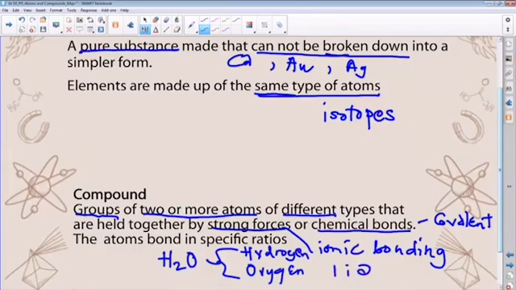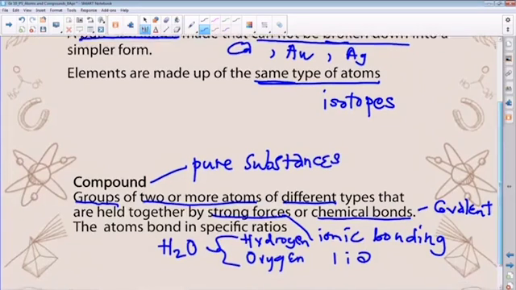So as far as compounds are concerned, there is a fixed ratio in which these elements join together to form these pure substances. And another thing that we need not forget is that compounds are also pure substances because they are not mixtures. Right. Compounds are pure substances. Very, very key for us to also include that.